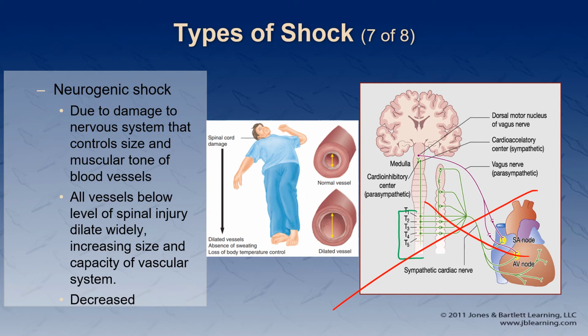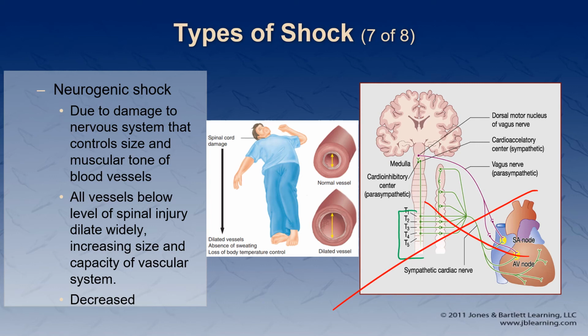Because they vasodilate and their heart cannot do anything about it. They don't have sympathetic tone below the level of the injury, so they cannot vasoconstrict anywhere to try to compensate, right? So under normal shock conditions, in a normal distributive shock, you would expect epinephrine and norepinephrine to start kicking in and start trying to shunt blood towards the middle of the body, and you'd end up with the cold fingers and the cold toes.